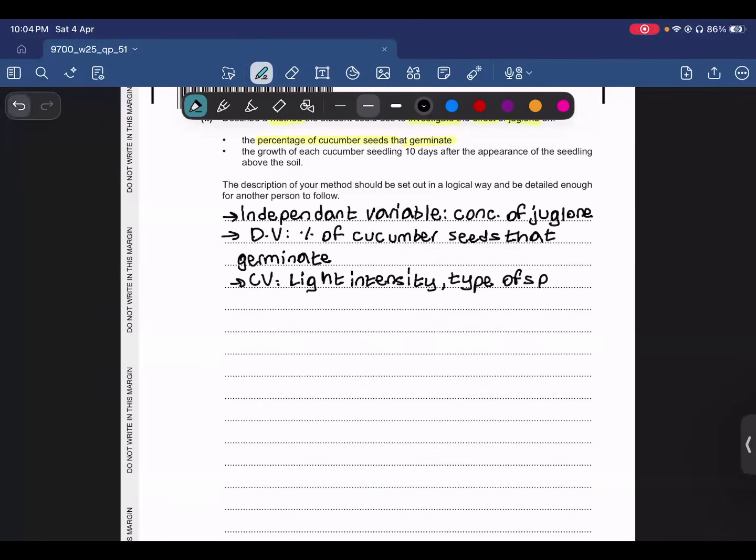And for the intensity, we could use a lamp with the same voltage. And then for the type and size of seeds, we could use roughly the same size and type of seeds.